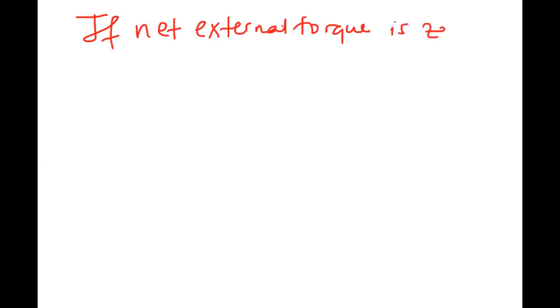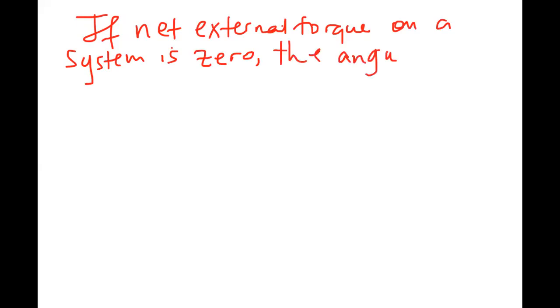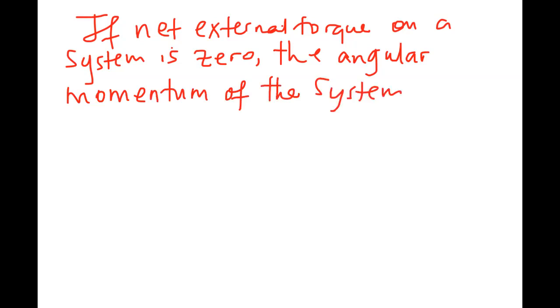If the net external torque on a system is 0, the angular momentum of that system remains constant.